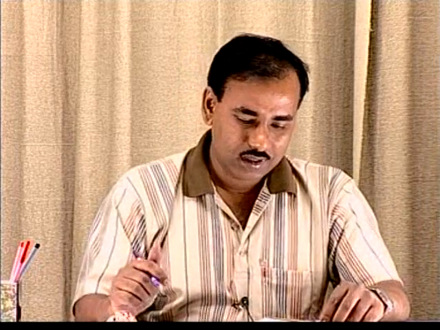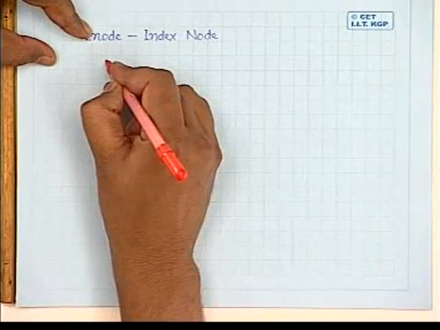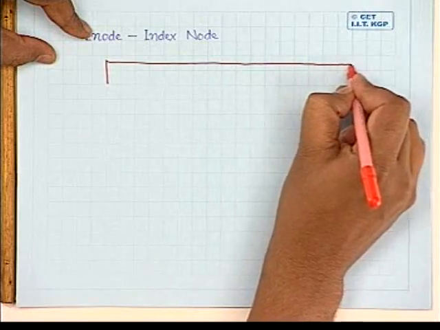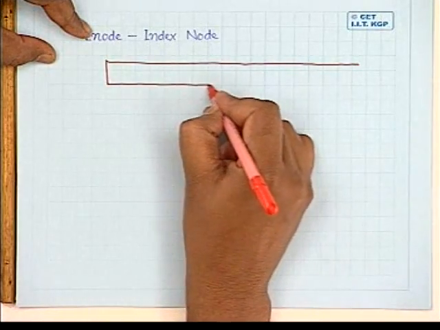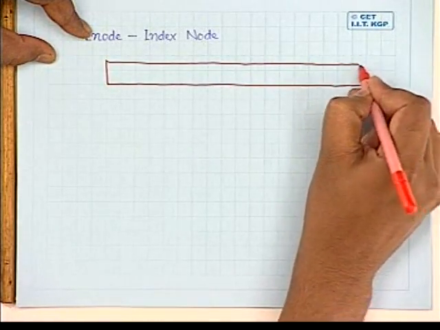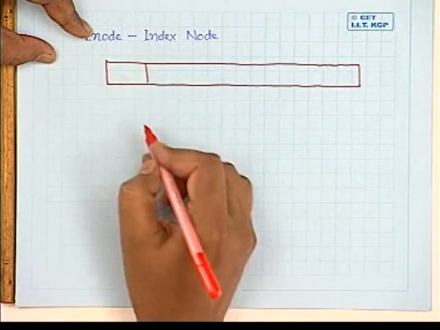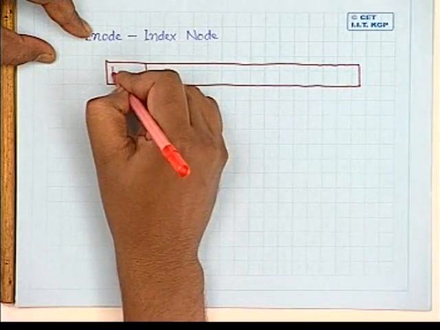So if you look at the disk layout, it is something like this. As we said, the disk consists of a number of blocks. Different blocks on the disk will contain different information. So let me put this as a linear map. We'll have an initial block, which is called a boot block.